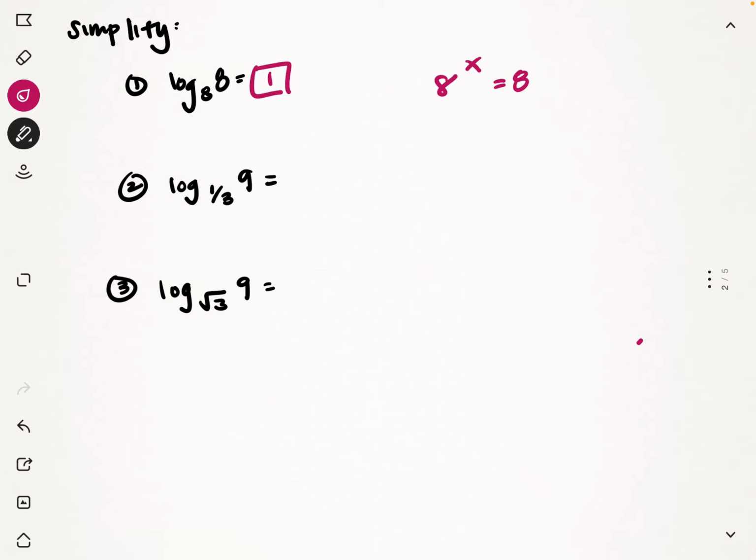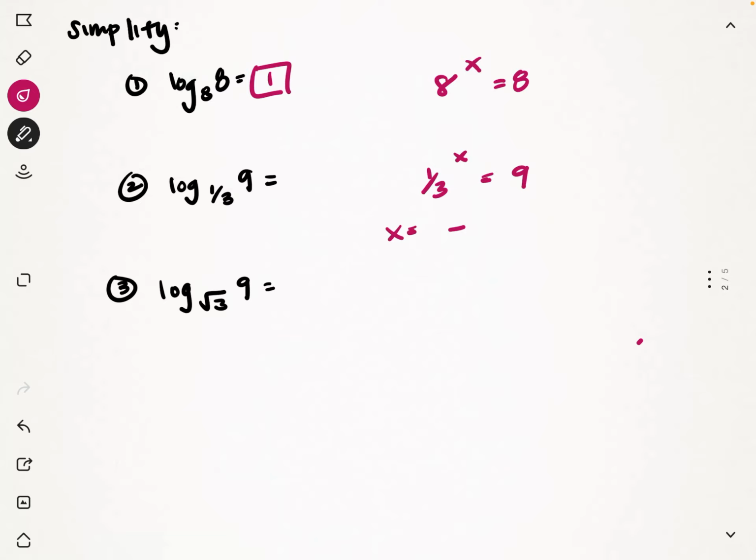Okay, same thing here. Our base is 1/3. We don't know what our exponent is. And our value is 9. Okay, so the tricky thing here is we know that 3 squared is 9, right? But it's 1/3. So what we have to do is we need to reciprocate. So it's going to be a negative. Right, our exponent is a negative.